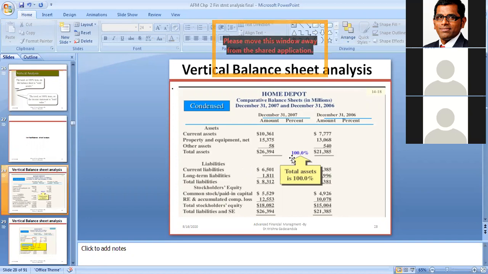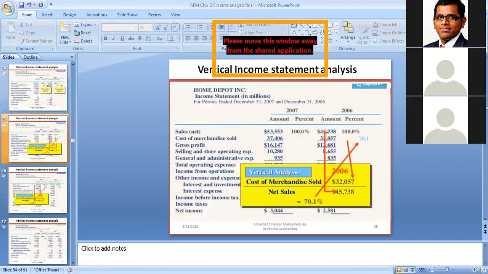Total assets can be taken as 100%. How do we calculate this? This 100% is compared with the other components. We'll see this one by one.